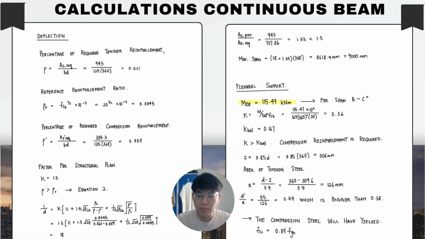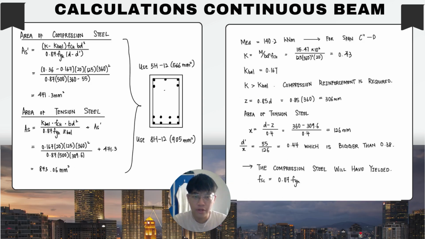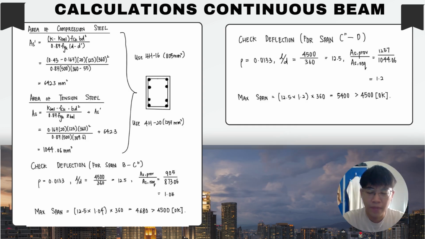For the flexural support, our K bar is smaller than K, so compression reinforcement is required. Same for the support at span C'D, the K bar value is smaller than K, which means compression reinforcement is required. For both spans, B to C' and C' to D, the check deflection is bigger than 4500, which means acceptable.